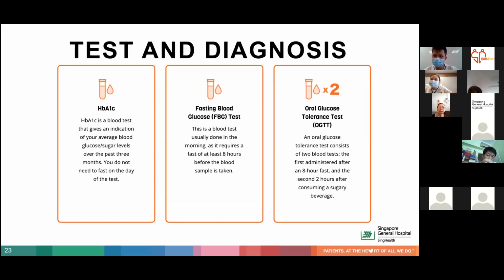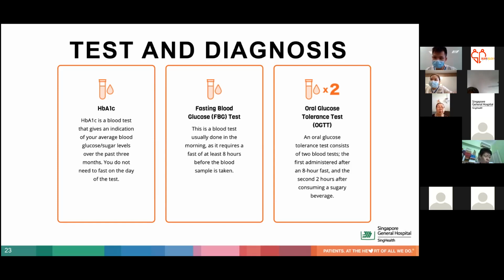The last test is the oral glucose tolerance test, which I've mentioned earlier on. So to explain a bit more in depth, it will be a test where you will combine the fasting blood glucose test, the first one. So it requires you to fast. Thereafter, you are required to drink a sweet sugar solution.